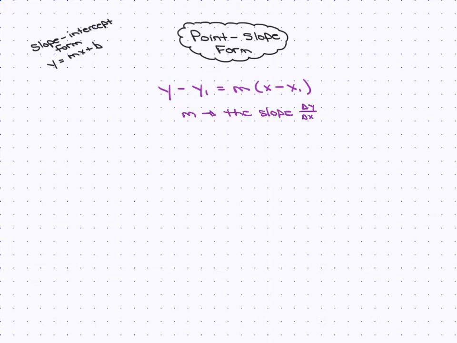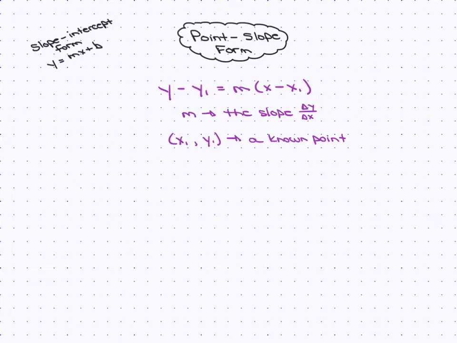Next, the x and y with the subscripts, x1, y1, these mean the x and y values for a specific point, a point that you know. So this is a known point. So you know the x and y values for this point.